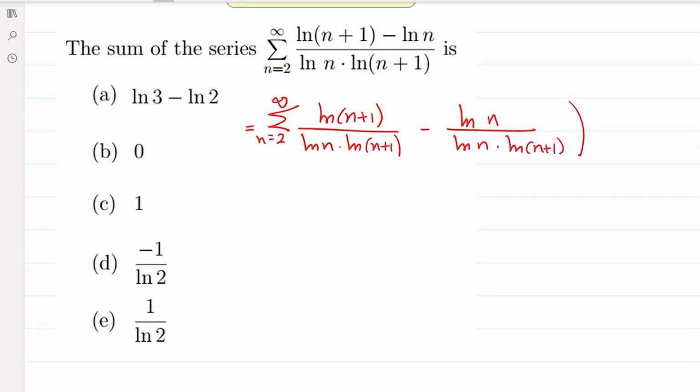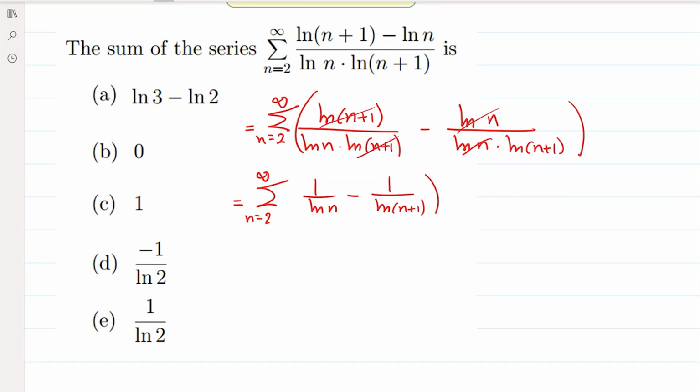So this is my series, right? This is equal to the summation from n equal 2 to infinity of ln(n plus 1) over ln n times ln(n plus 1), which is 1 over ln n minus ln n over ln n, so it will be just 1 over ln n minus 1 over ln(n plus 1).